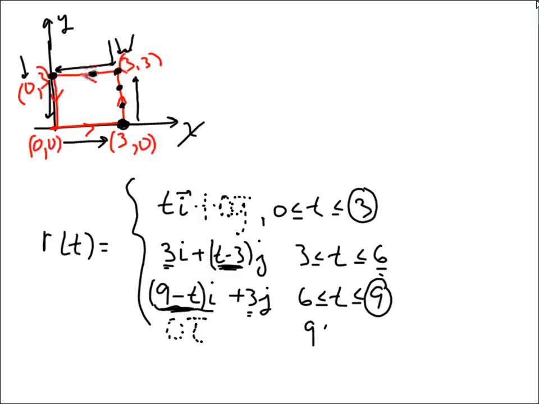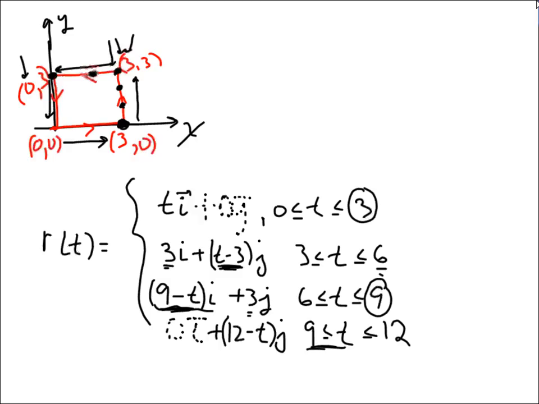We start at 9, and we let t go 3 more. 9 plus 3 is 12. And what it's going to be is 12 minus t in the j direction.